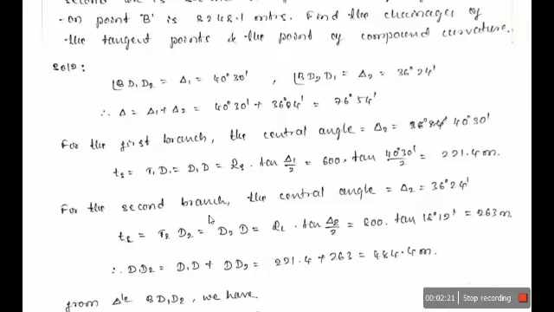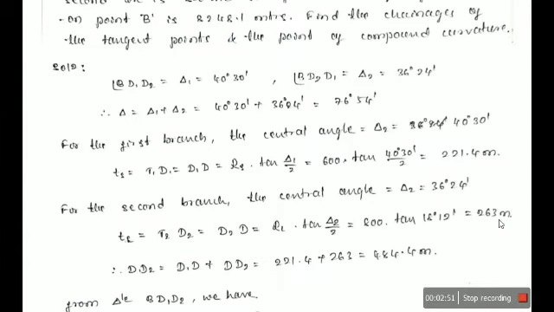Similarly, for the second branch, or second arc, the central angle is delta 2, that is 36 degrees 24 minutes. Again we have to calculate TL, the larger tangent length, using the same formula with the radius value and delta 2 value. This is the second radius, 800 meters, and delta 2 is 36 degrees 24 minutes.